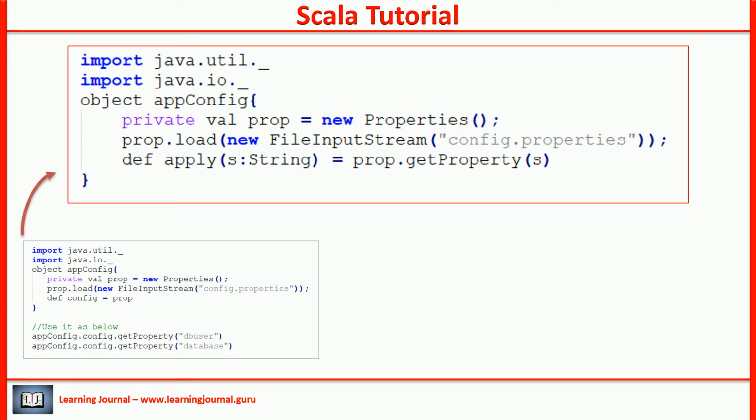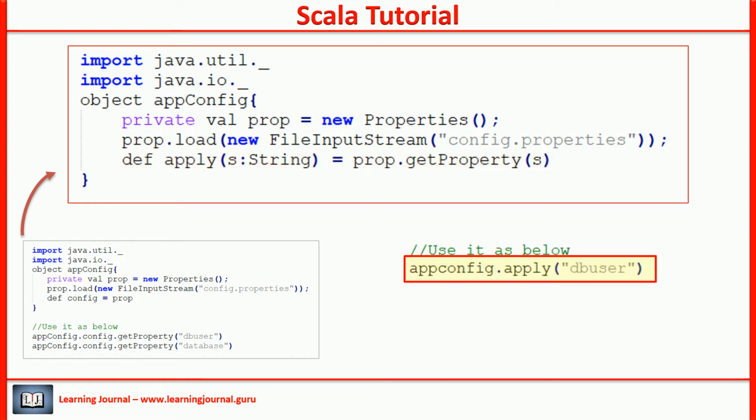Here is a modified version of the app_config object. I added a public method to this object. The method takes the property key name and returns the property value. It is as simple as a normal public method. You can call this method like this. However, since I named this method as apply, a magic happens.